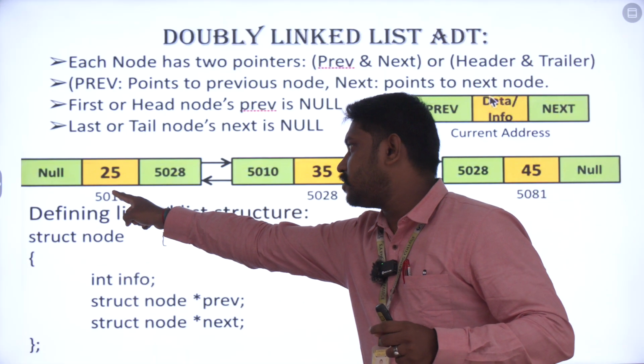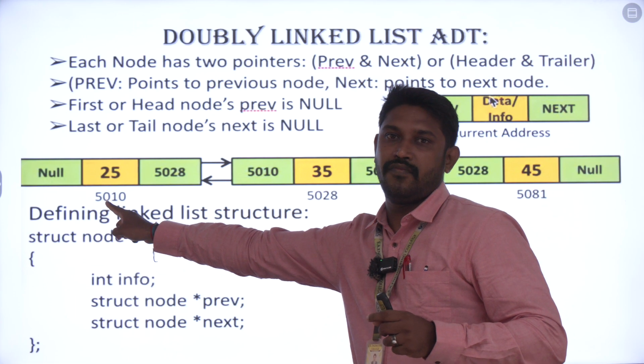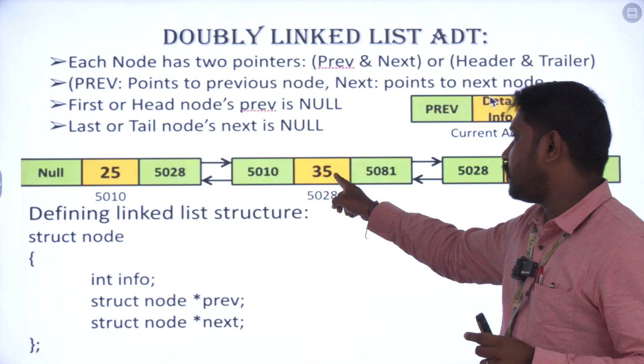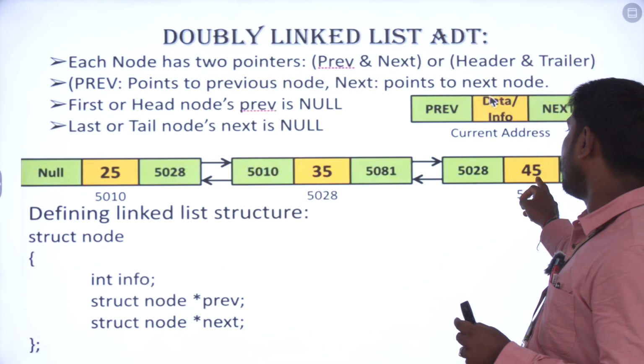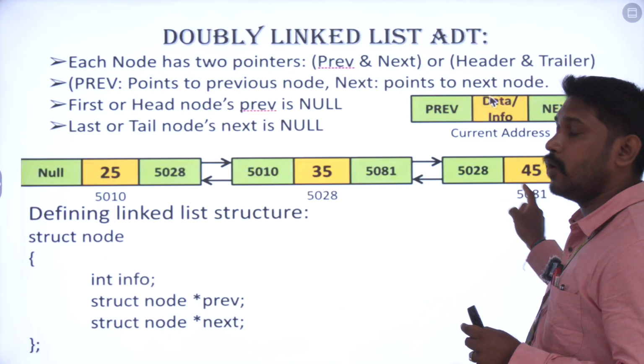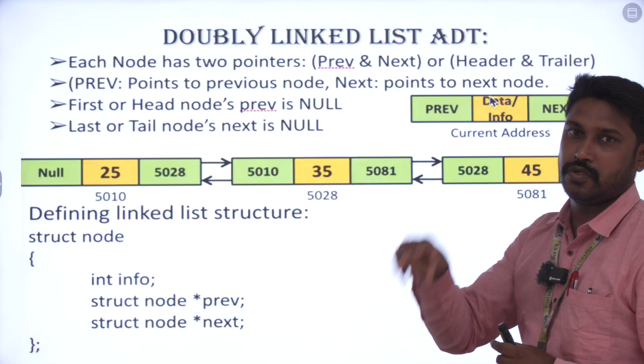Here the value 25 is stored at address 5010, the value 35 at address 5028, and the value 45 at address 5081. These are the memory locations where we are going to store the values.